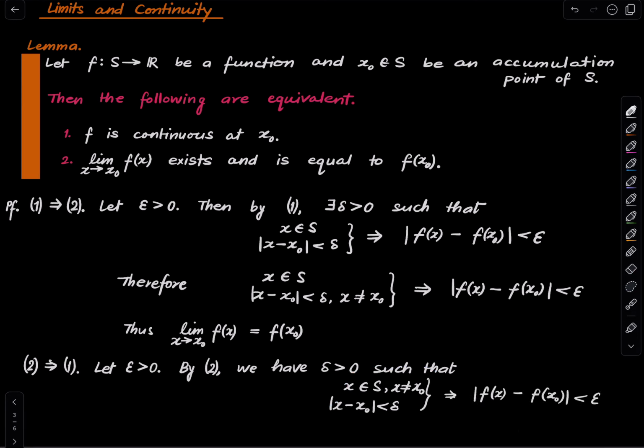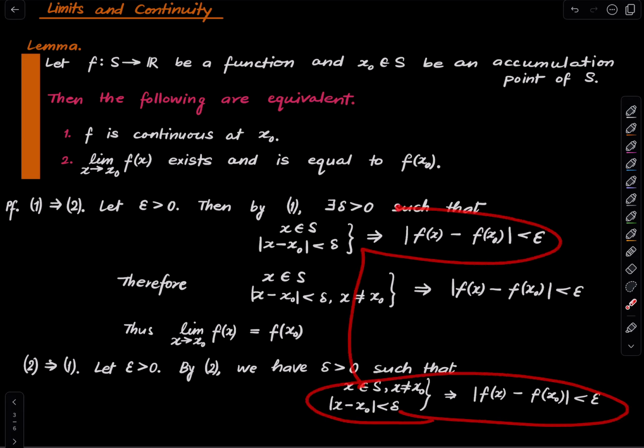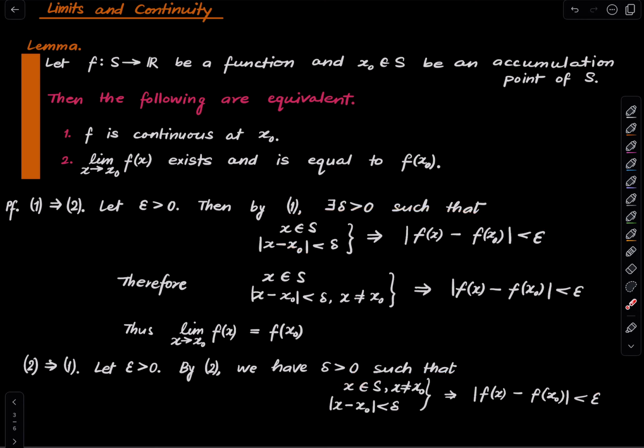This immediately implies that implication. Why? Because we have this just by 2, but even at x equals x0, this inequality is clearly true. At x equals x0, this is 0, and hence this is clearly true.